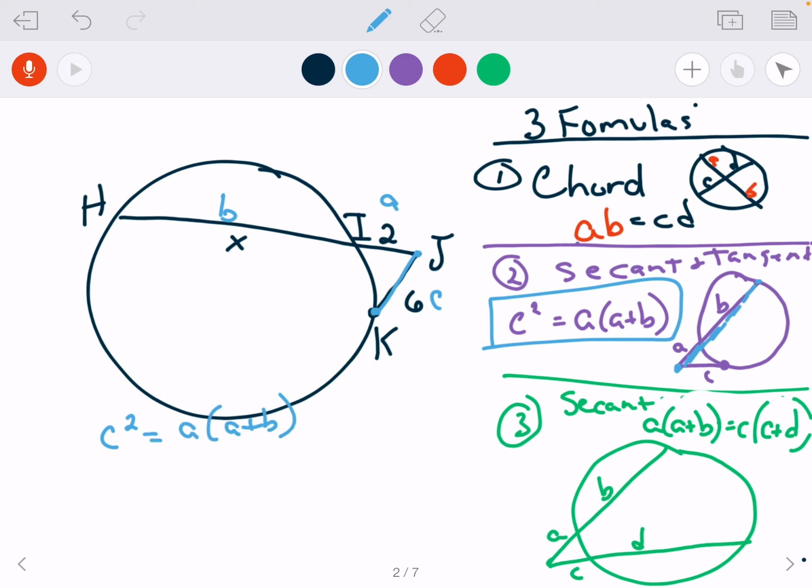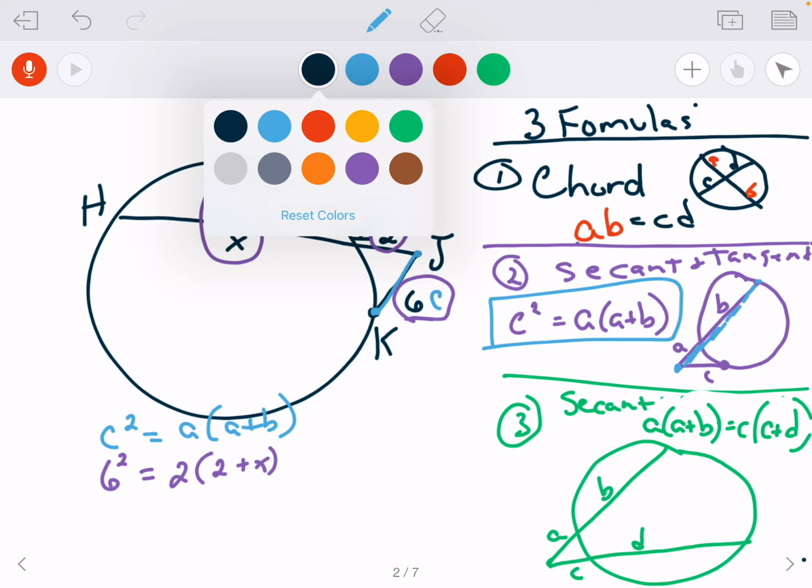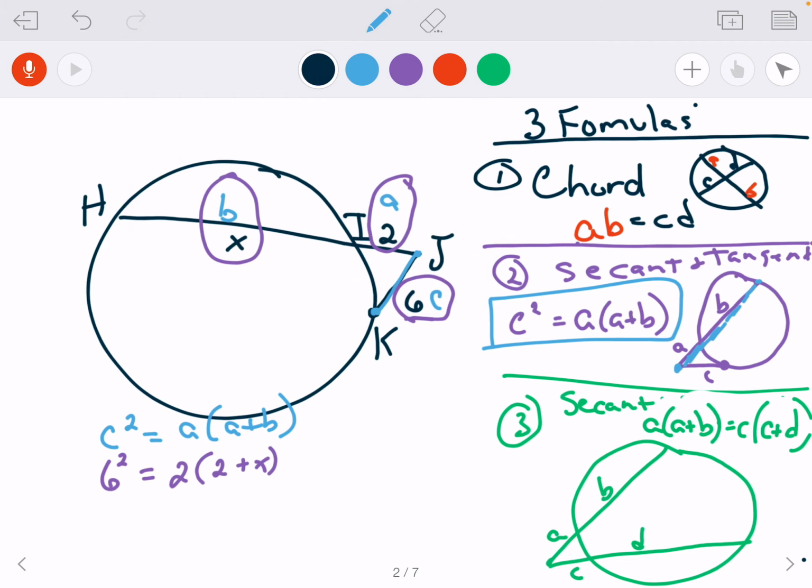So let's plug in our values. C again is 6. So I have 6 squared equals my A, which is the value of 2, times my A plus my value of B, which is X. So I don't know what that is. So then we just do our equation. 2 plus X is 2 plus X, so we have to distribute here.